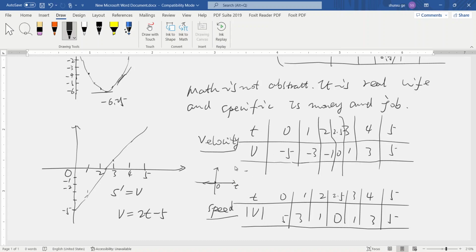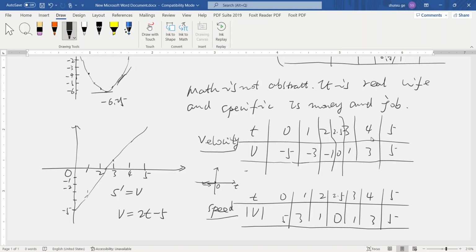Then at time 2.5, the speed is reduced, and at 2.5 it becomes 0. Then it changes direction. Why does it change direction to the right? Right is positive.